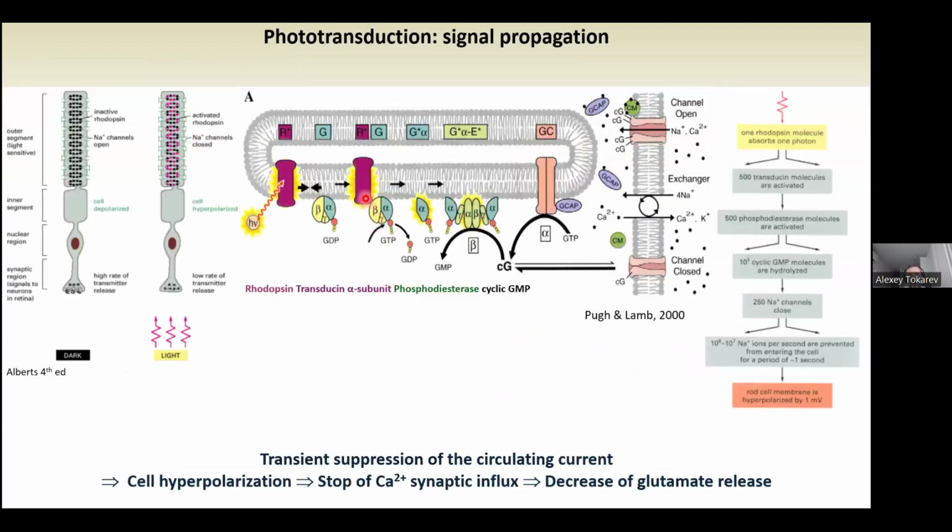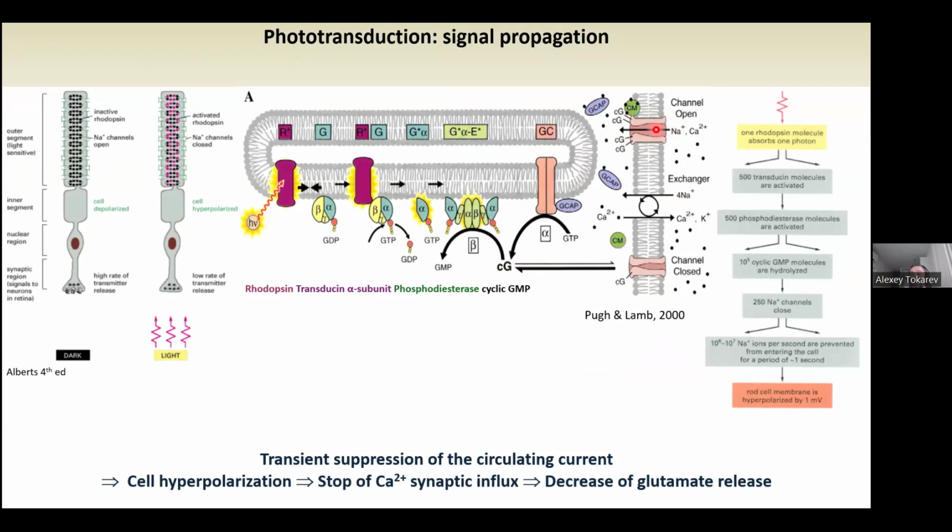After rhodopsin is activated, it activates transducin, and transducin activates phosphodiesterase, and phosphodiesterase hydrolyzes cyclic GMP. Cyclic GMP dissociates from open channels for sodium and calcium.